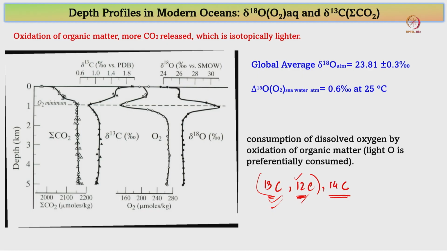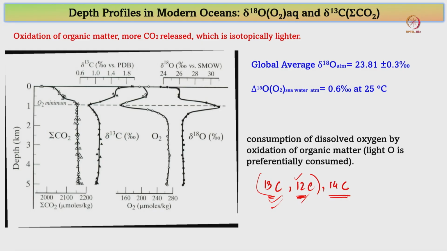So, this carbon dioxide is isotopically lighter. It has a more negative delta 13C, it is depleted in 13C.